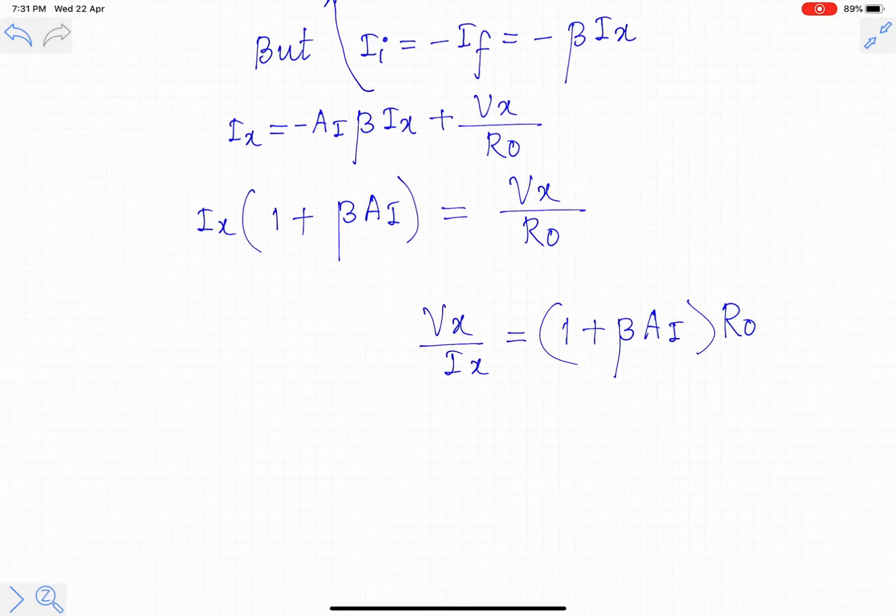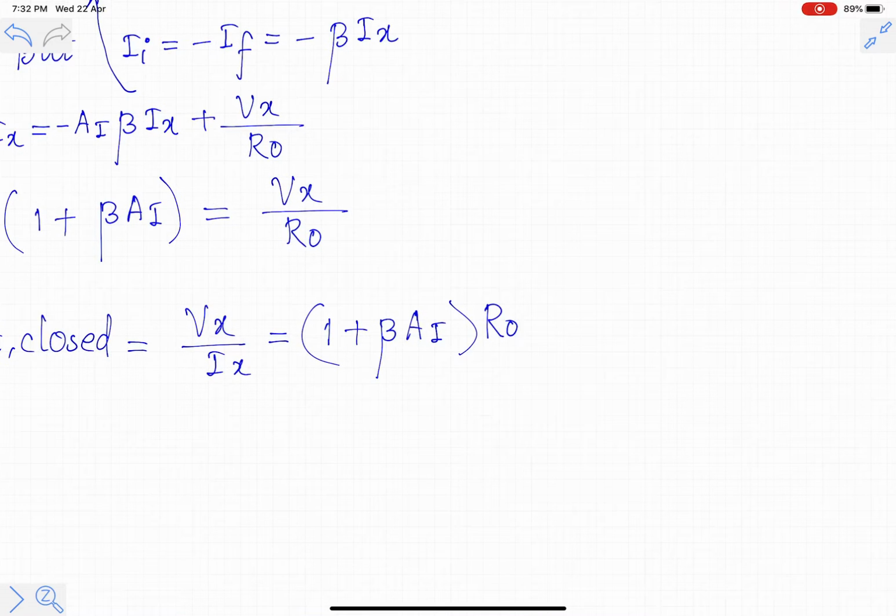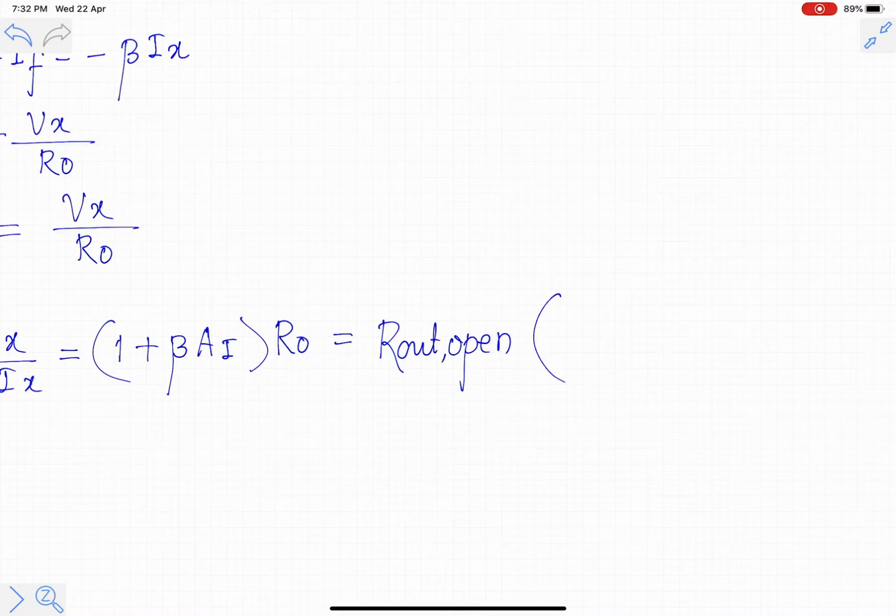This Vx by Ix is what we have called R out closed, which is equal to R out open multiplied by 1 plus beta into AI, where AI is the open loop AI.